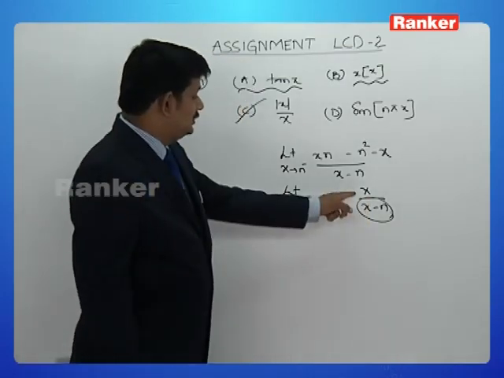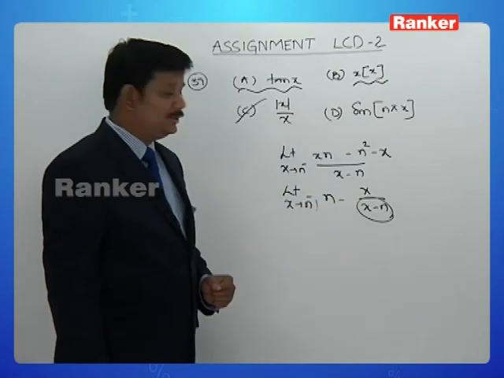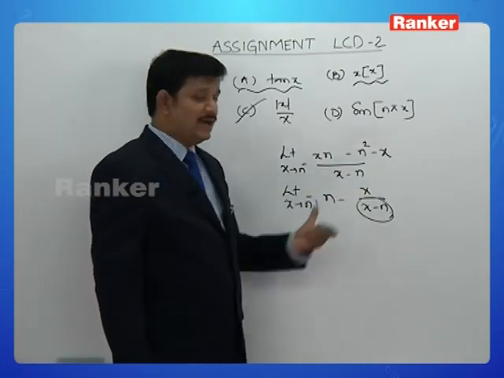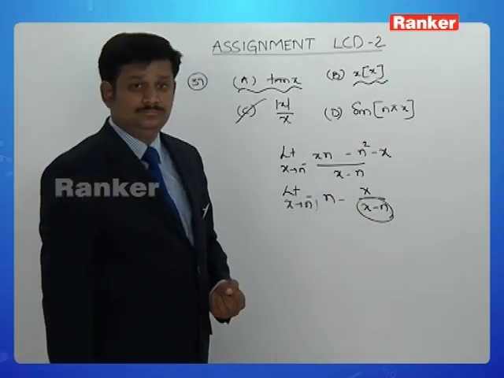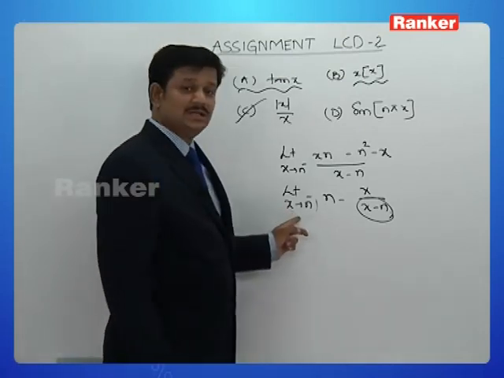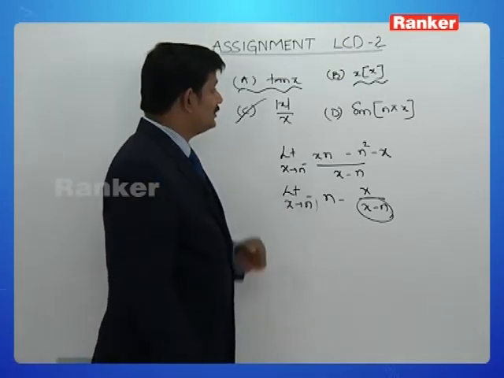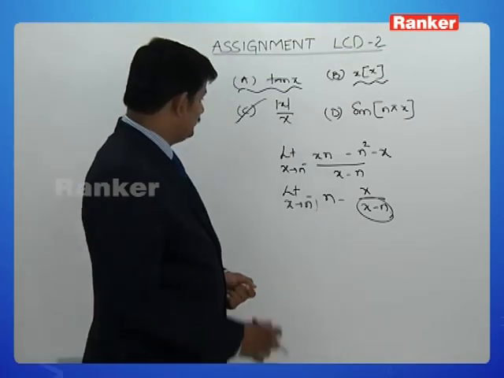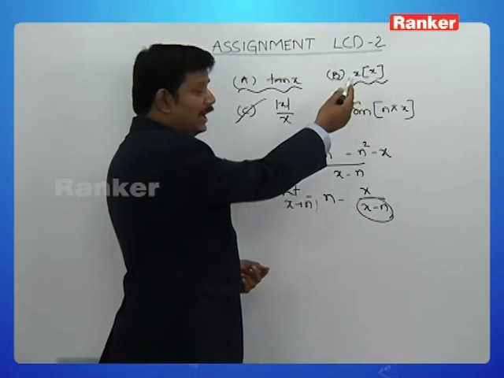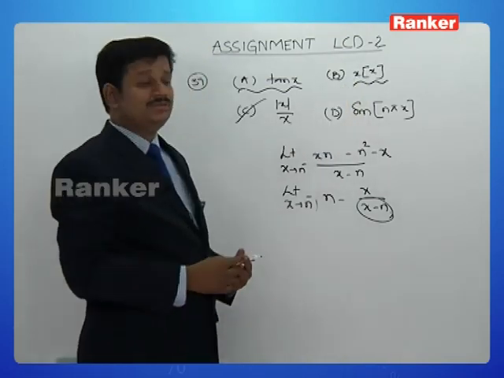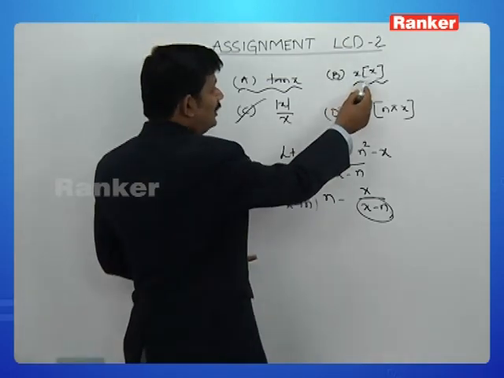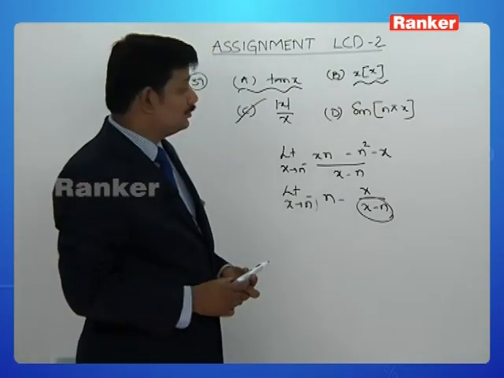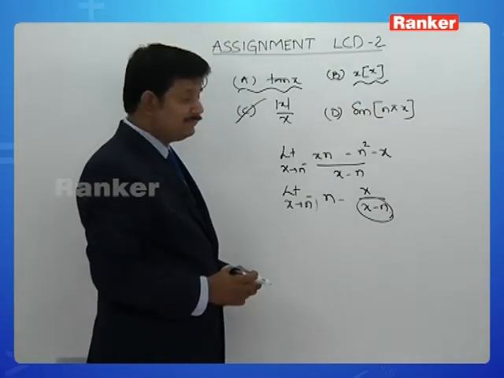So this ratio is going to be infinitely large unless x is 0. So at all integers other than 0, this function is non-differentiable, left hand derivative does not exist. So we again have infinitely many points of discontinuities for the function x into integral part of x. So that is again not part of our answer.